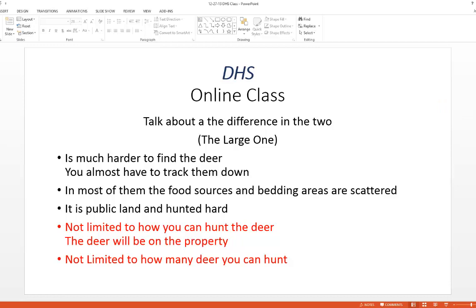Yes, Russell, timing is much more important in the big wooded area, because in the small areas, you've got the funnels. In the big areas, them deer can be anywhere.